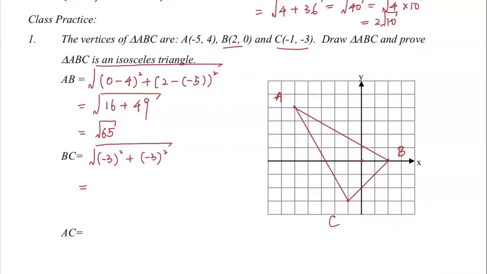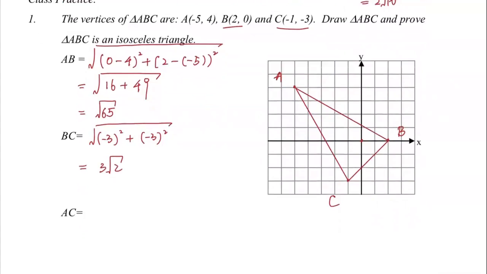Okay, so -3 squared, that's 9. -3 squared, that's 9. So the answer is square root of 18. 18 can be written as 9 times 2, right? And square root of 9 is 3. So the answer is 3 times square root of 2.